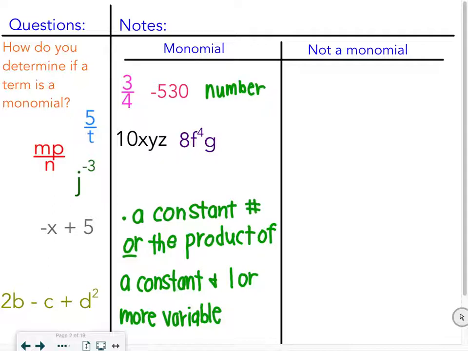All right, so not a monomial is when you have a fraction with a variable on the bottom, because you cannot divide by a variable if it's a monomial.